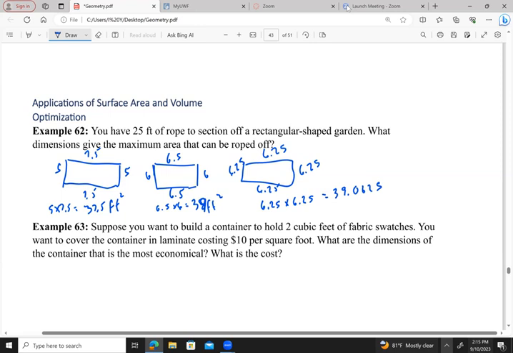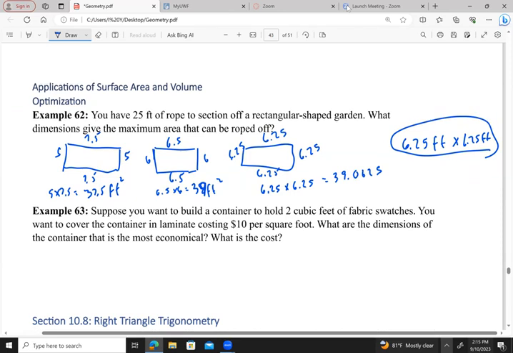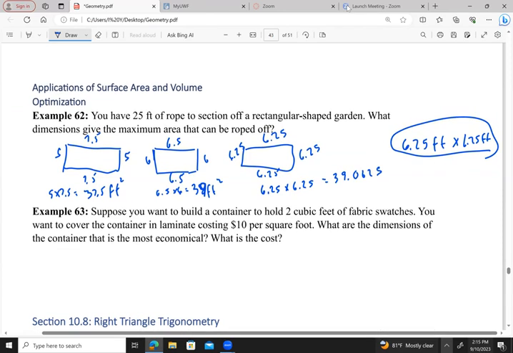So that's a little bit more, not a whole lot, with such sparse numbers. So we're looking at a 6.25 by 6.25. The square, as far as a rectangular shape, is the best way to go about maximizing area.